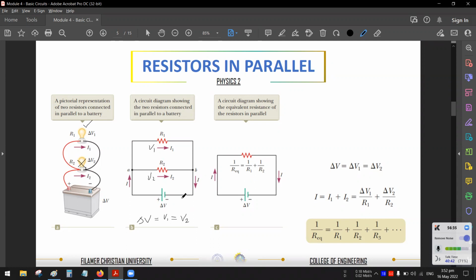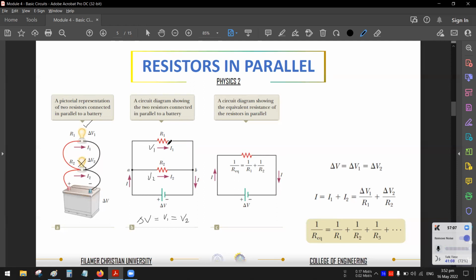So when charges reach this point, let's say point A, the current goes there and the current splits. So we have I sub 2 going to load R sub 2, and we have I sub 1 going to our first resistor, our first load.